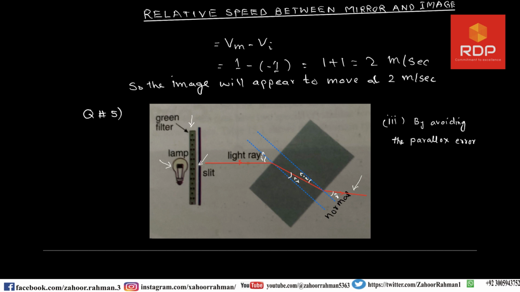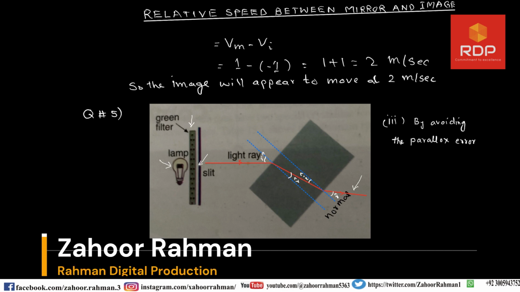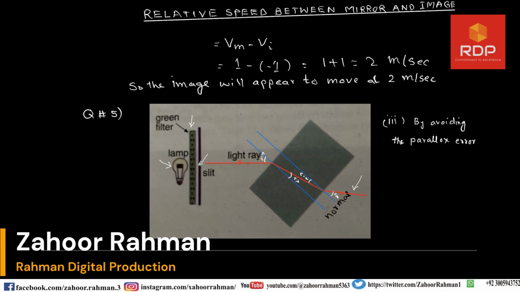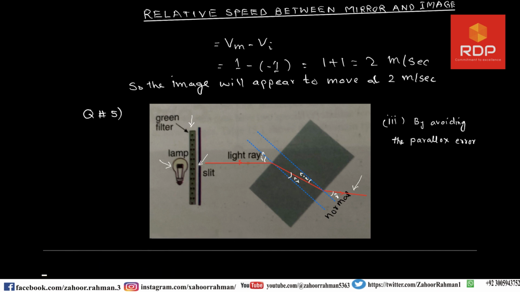So for that particular purpose, I made two normals. One is for the entering incident ray and one is for the outgoing ray. So you have to copy this on the paper beneath the glass slab in this particular way.